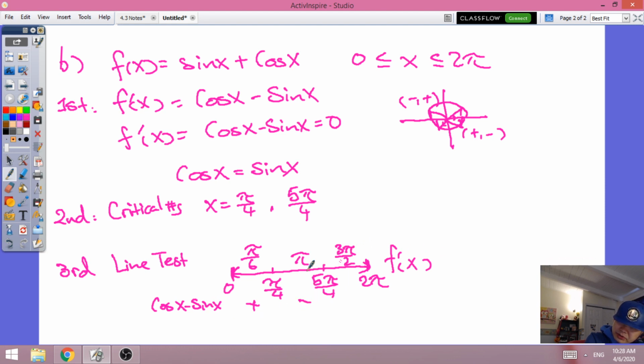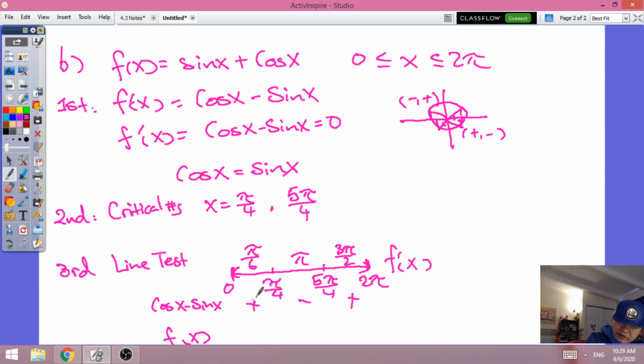And then 3 pi over 2: cosine of 3 pi over 2, that's 0. Sine of 3 pi over 2, that's negative 1. But don't forget, it's minus negative 1, so it's positive. So again, the sign changes: positive, negative, positive. That tells us whether the original function is increasing or decreasing. Okay, let me fix that one, this one's supposed to be f of x.